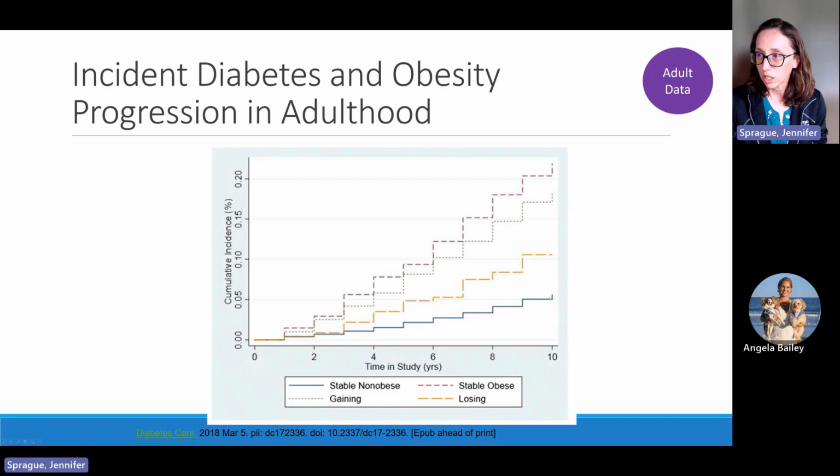It's the lowest risk of incidence of diabetes. The red line is patients who always had obesity, and it's going to have the highest incidence of diabetes. The green dotted line, gaining weight over time and becoming obese, is going to have a risk similar to stable obese.